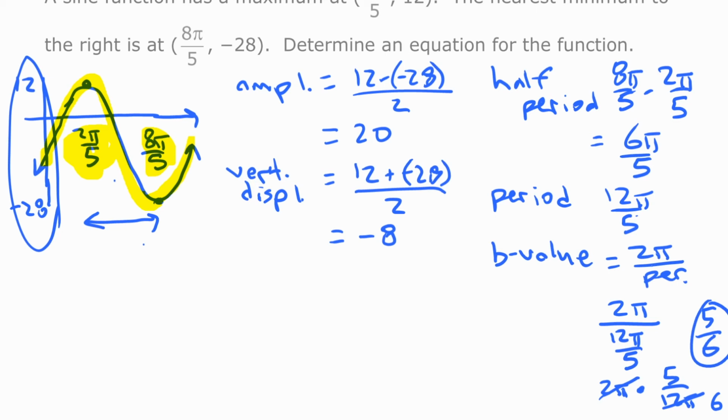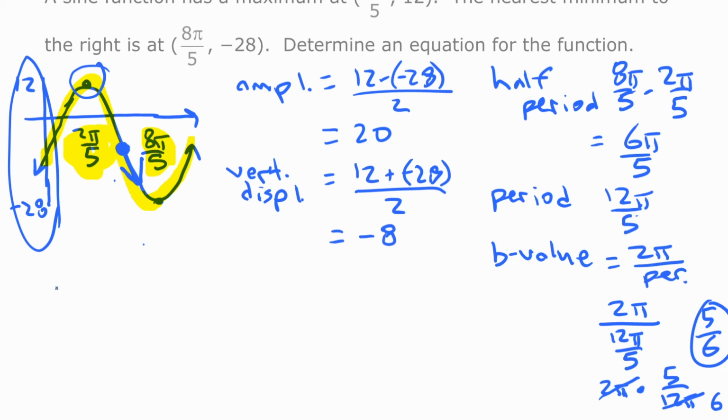And then the only other thing we have to do is think about the phase shift here. Now, we're given a maximum and a minimum. So sine doesn't start at a maximum or a minimum, it starts at a middle point. So we could use this middle point, except that's a middle point on the way down, so we would have to call it negative sine.